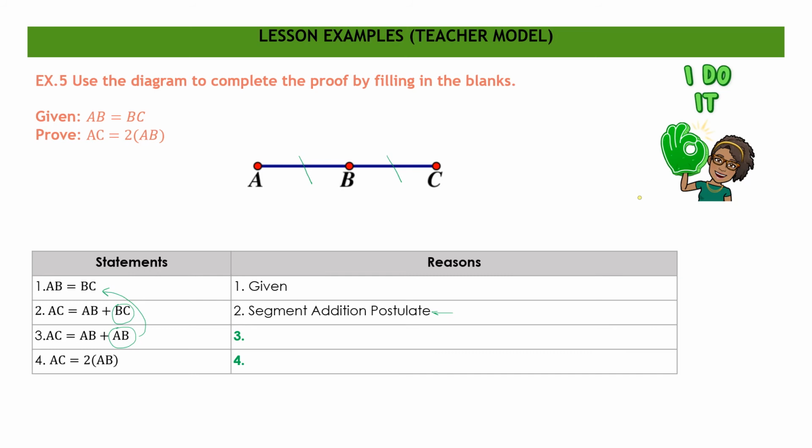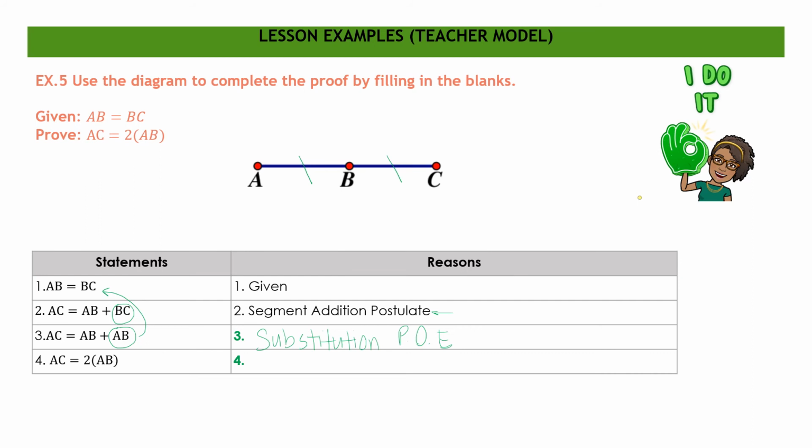So if these two segments are equal, then they are the same. So that means I can replace BC with AB. And what reason would we give that? Well, that would be the substitution property of equality. So that would be the reason why we can make the statement for number 3.